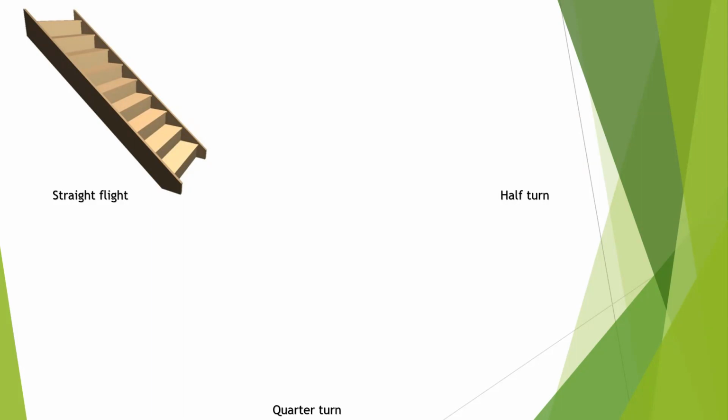Okay, so this is a straight flight stair, and if there is anything that I would like to talk about, I have seen a lot of people construct a straight flight stair, and after the construction, they eventually have to put a support below the straight flight to support it.